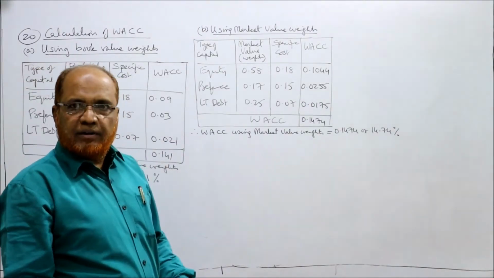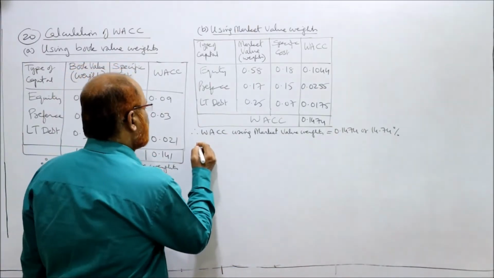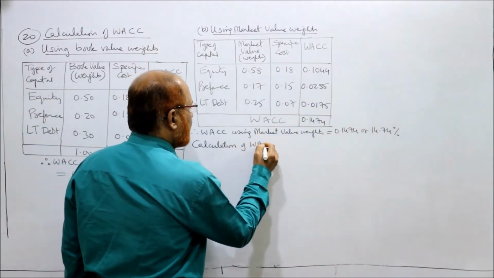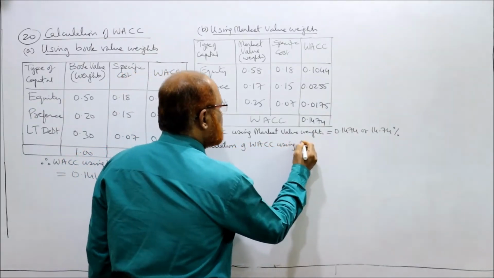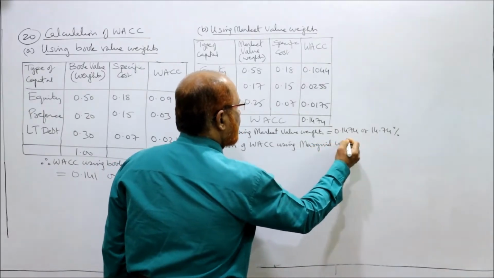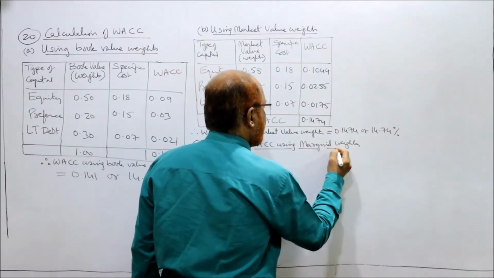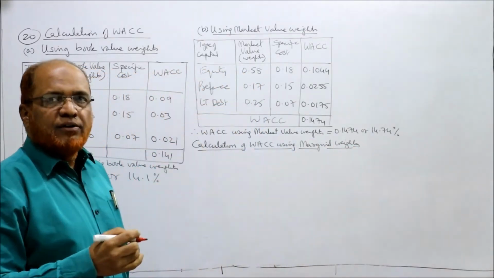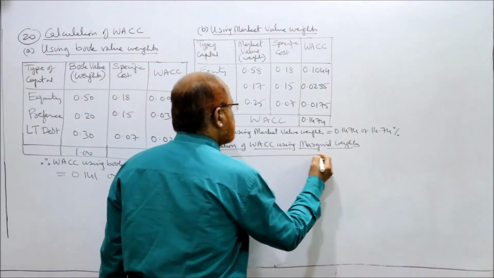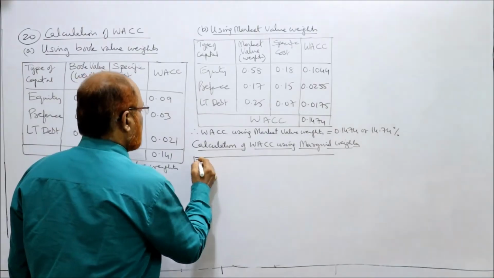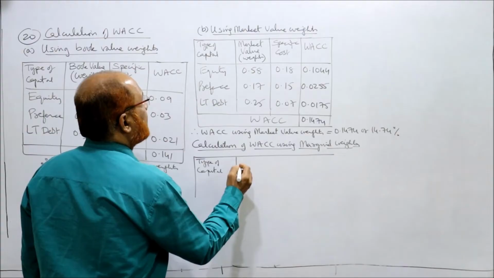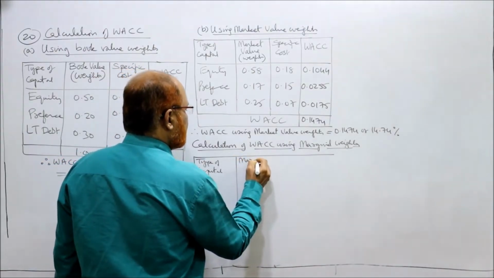So two bits completed. Last bit is calculation of WACC using marginal weights. यानी फ्यूचर कैपिटल रेज करने के लिए WACC क्या होगा? Type of capital, marginal weights.